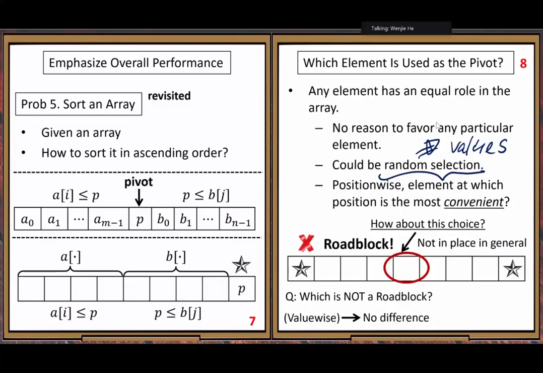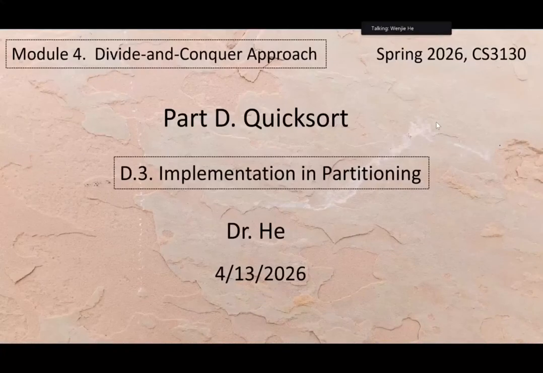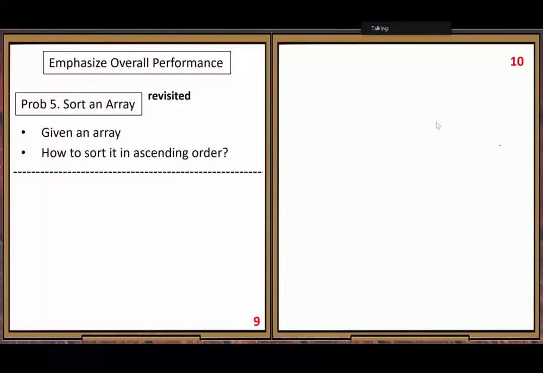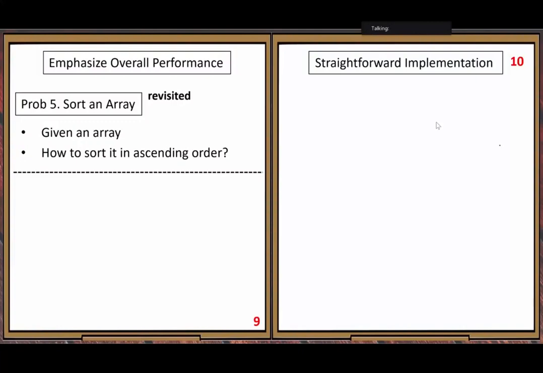So the next step, D.3, implementation in partitioning. Straightforward implementation. The first round, we just want to make it happen. It may not be the best way.